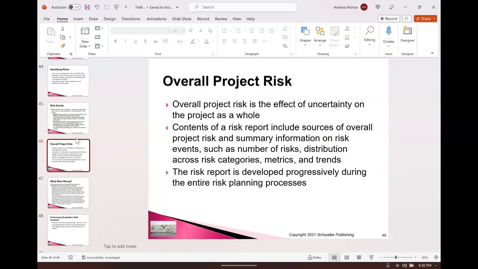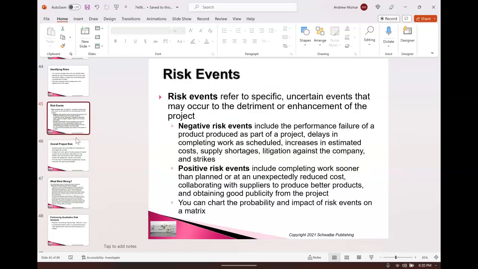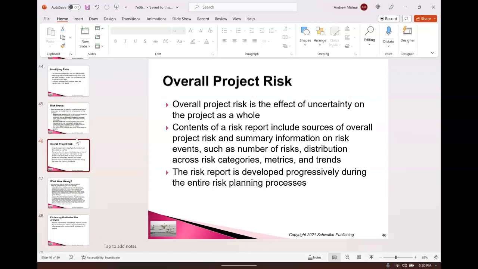And then, of course, you want to think in terms of the individual risks, which are the threat or an opportunity. But you also want to think in terms of overall project risks, right? So a single risk, a threat or an opportunity, may be fine. But what if you combine threats and you only have one opportunity, in the sense of overall project risk?